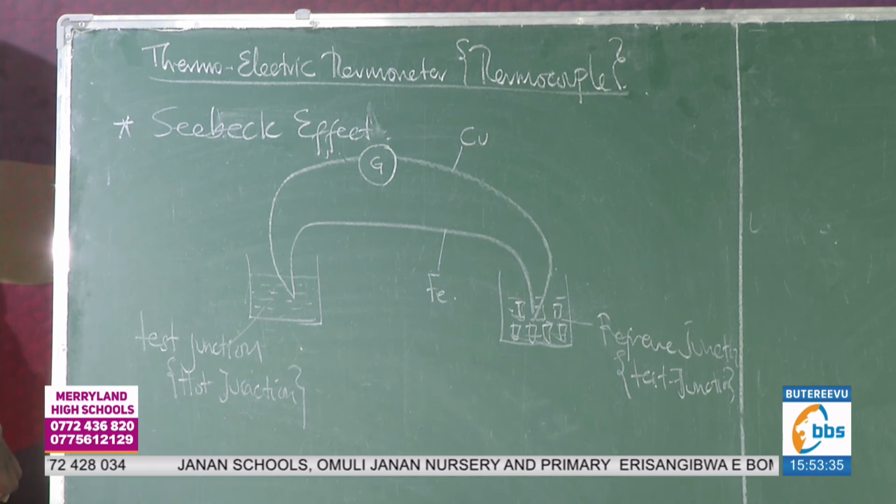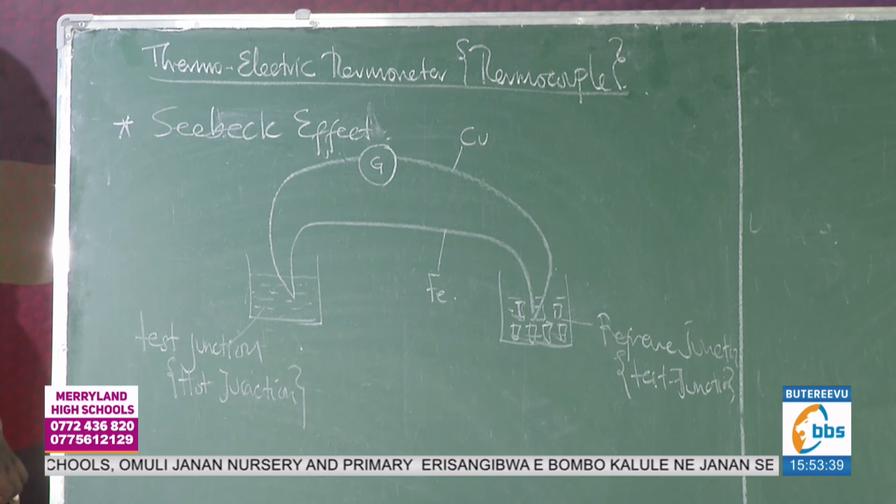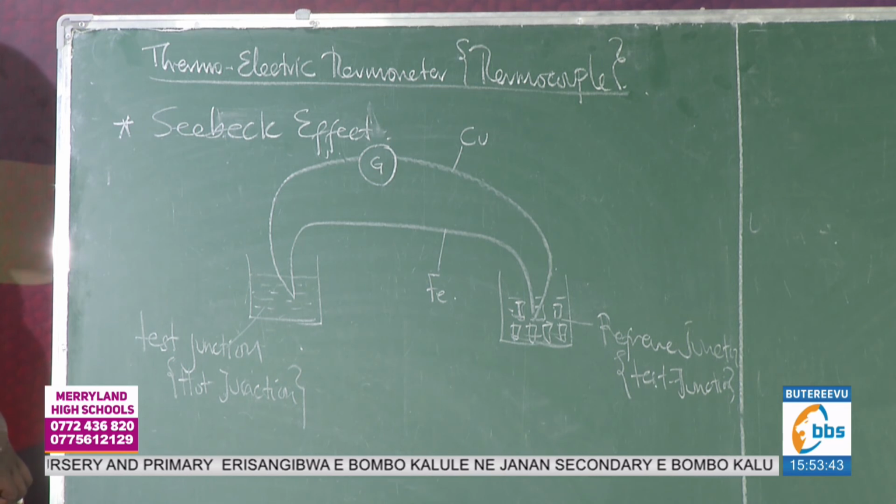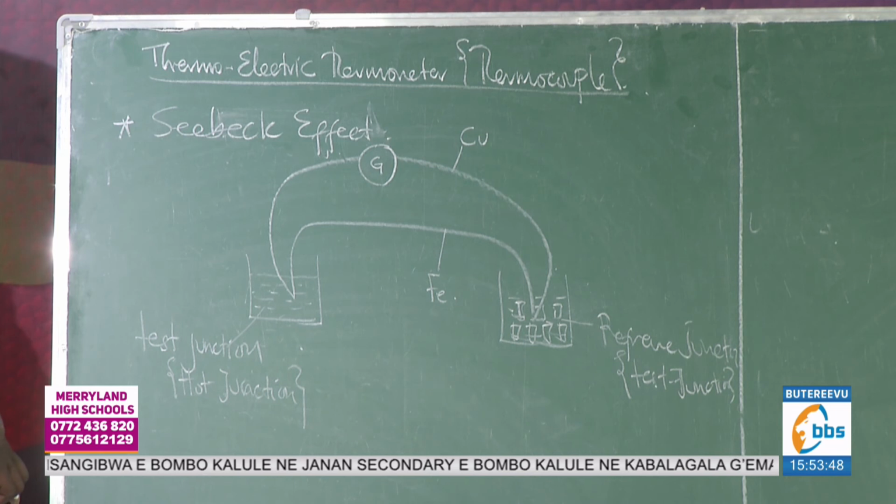What does that mean? It means that if we have two wires which are maintained at different temperatures, an EMF is generated across the wires. The Seebeck effect helps us explain the origin of this EMF.